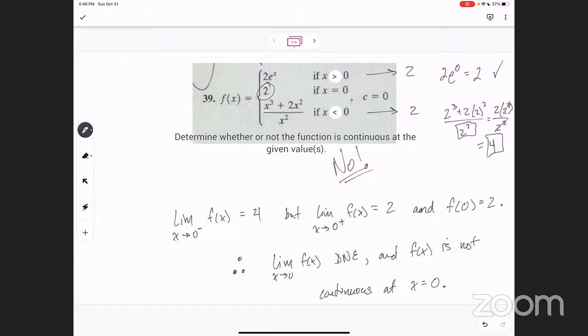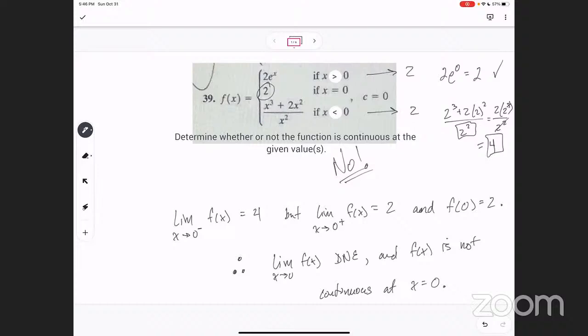What is the verbiage that they want you to use to prove continuity? Do they want you to prove that there is a limit and the limit is equal to the function value? Yeah, so for ours, we had the 3 steps to prove continuity: the limit must exist, the function value must exist, and they must be equal. Correct. So what you could say here is, since the limit does not exist, that's really all you need to say.